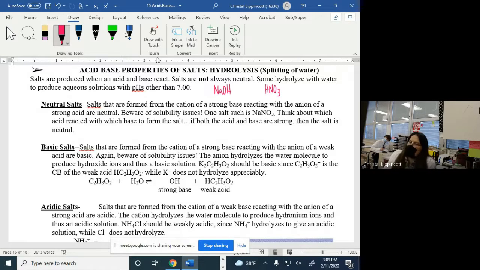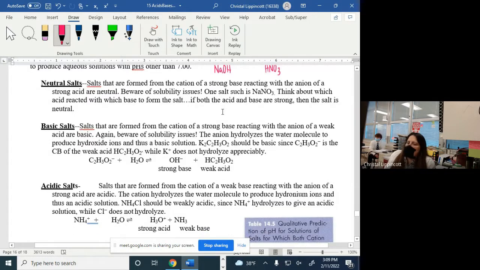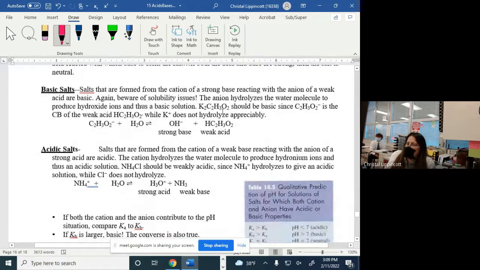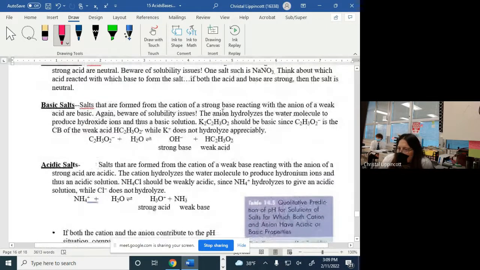Now, this is where you're going to have to wrap your brain a little bit. This is called a basic salt, because when you take this guy, he breaks apart. He's going to have K, which would be KOH, a strong base, so those are going to stay apart. They're not going to come together, because a strong base doesn't want to be together.